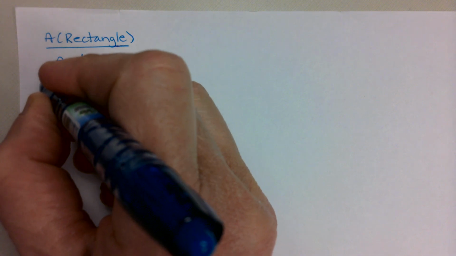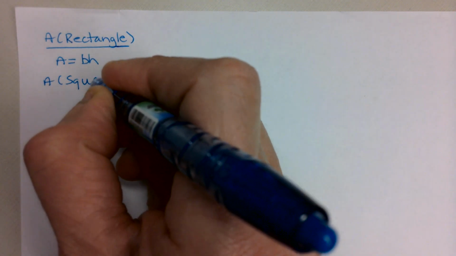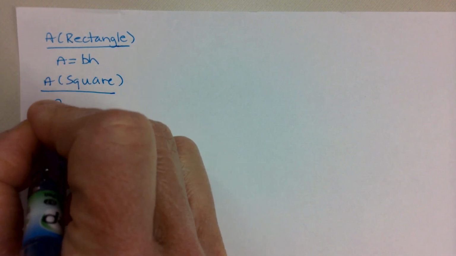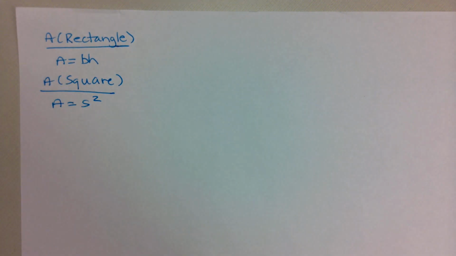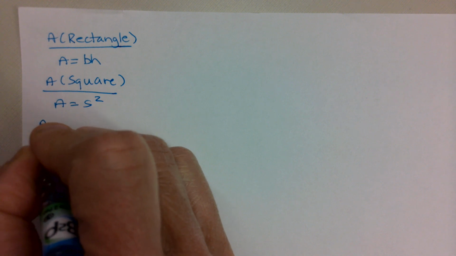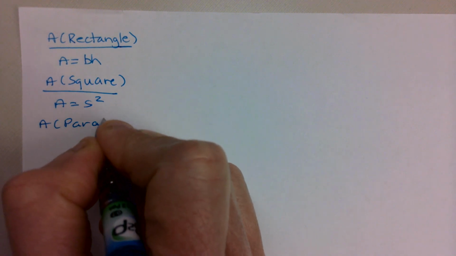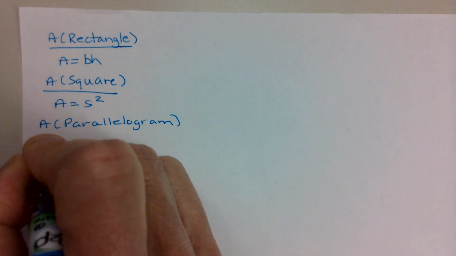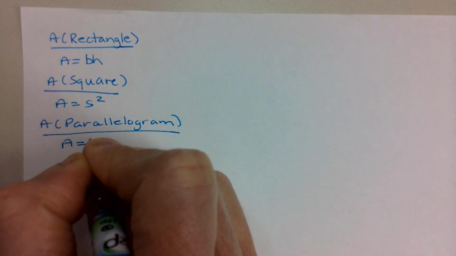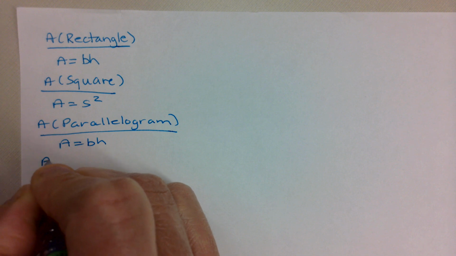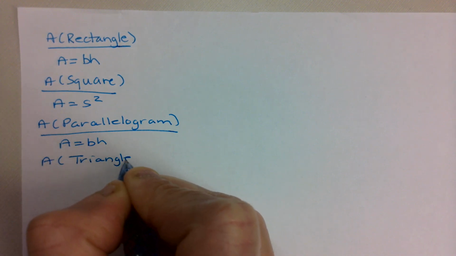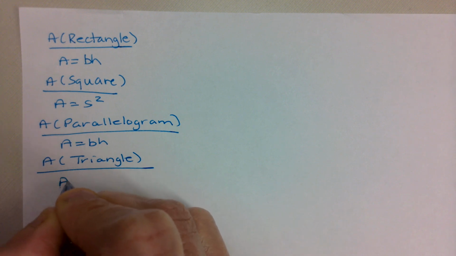You should have area of a square. You should have area of a parallelogram. Should have area of a triangle. So hopefully you're writing them before you're checking with mine.